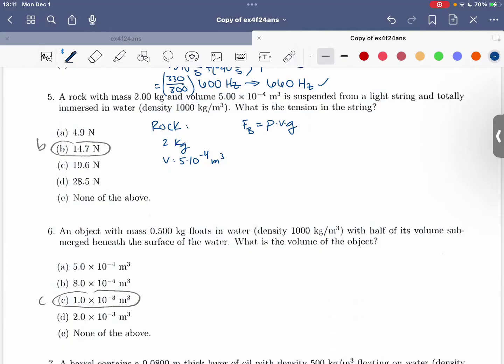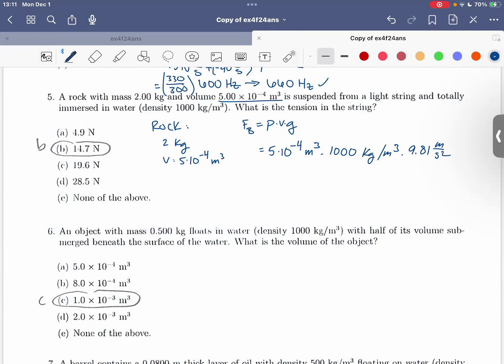The volume displaced is 5 times 10 to the negative fourth meters cubed, and then of water, so 1,000 kg per meters cubed times gravity, 9.81 meters per second squared.